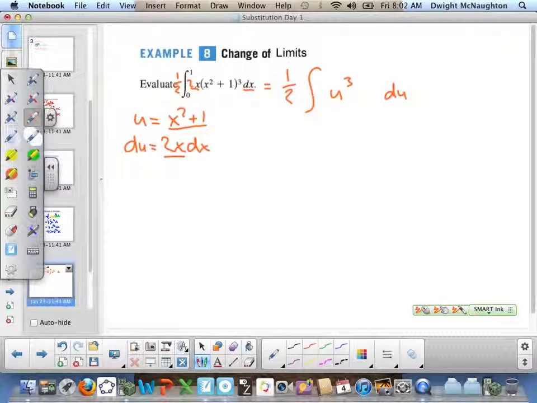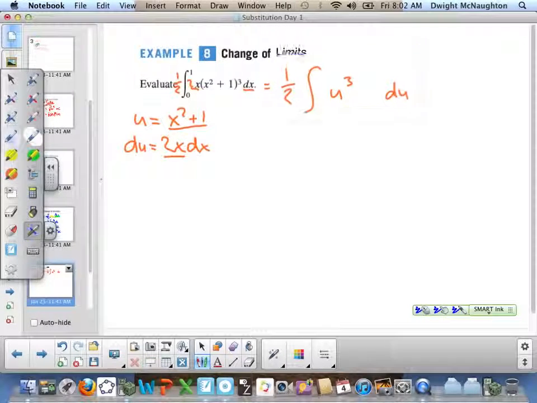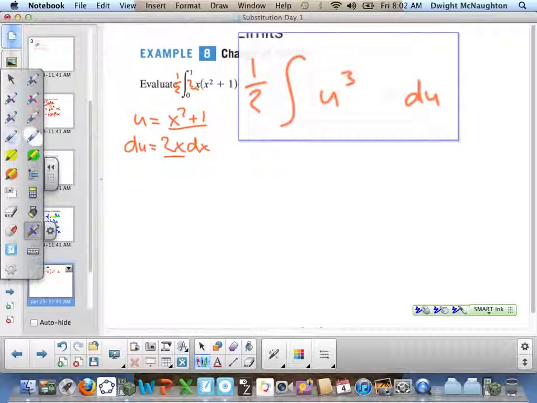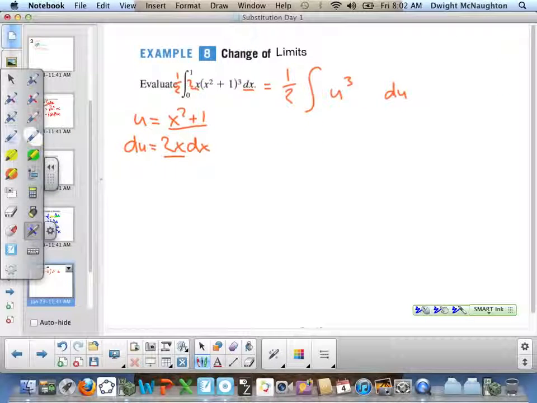Now my limits are in terms of x, and I have an expression here that's in terms of u. So I need to convert my limits from x to u. And all I do for that is substitute.